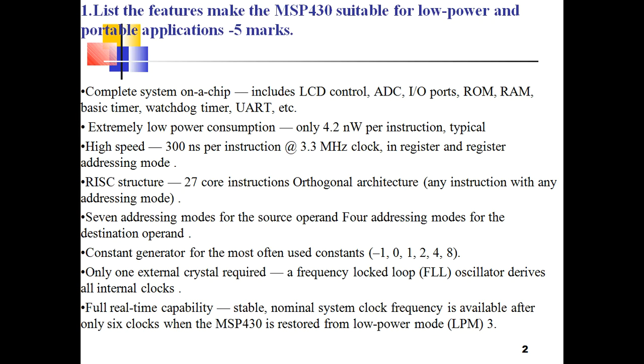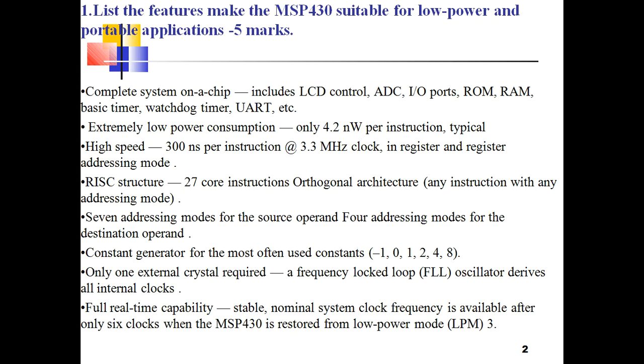Only one external crystal required. Next feature is it needs only one external crystal, and a frequency locked loop oscillator derives all internal clocks. So MSP430 operates on different clocks which are derived from the only one external crystal clock.